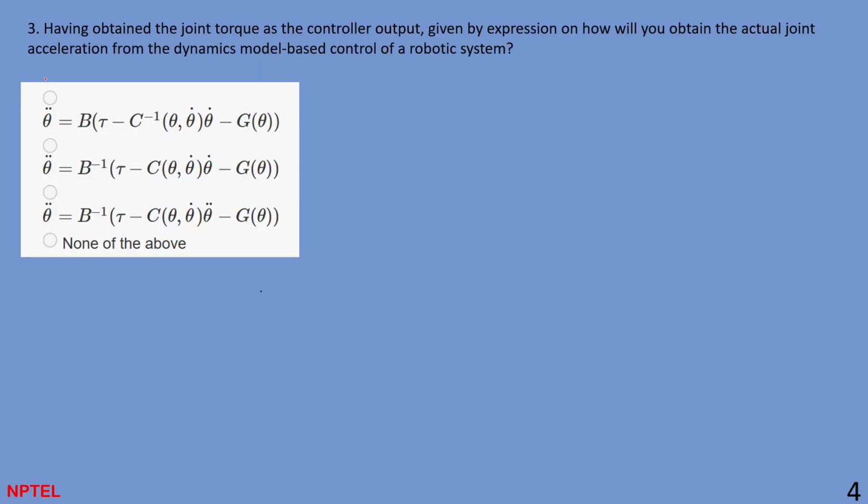So going to the third question: having obtained the joint torques as a controller output, how will you obtain the actual joint acceleration from the dynamics model of the robotic system? You know what the dynamic model of a robotic system is like.